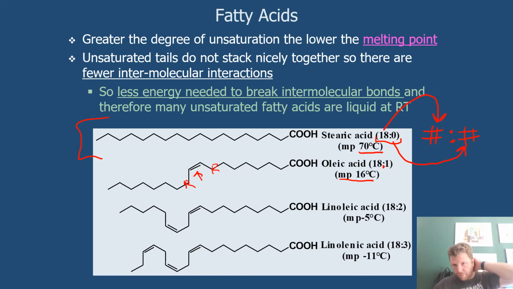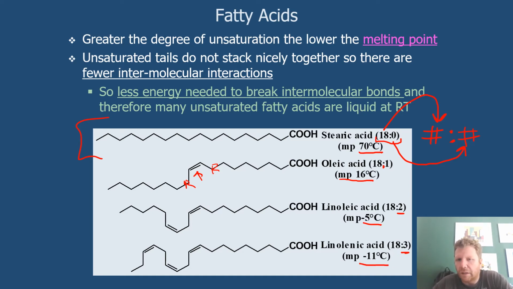Now let's make it a polyunsaturated fatty acid with 2 and 3 double bonds. Linoleic acid has 2 double bonds. Linolenic acid has 3 double bonds. And we've gone from 16 degrees Celsius with 1 double bond to -5 degrees Celsius as the melting point and -11 degrees Celsius.